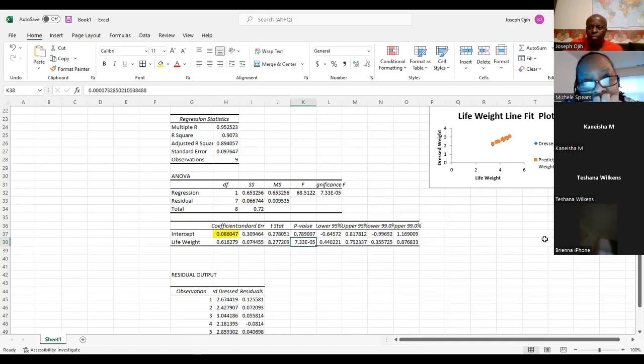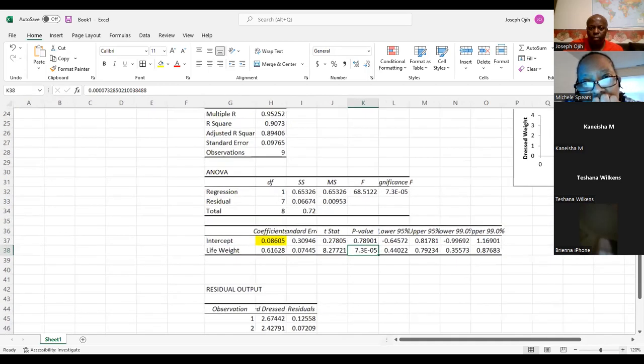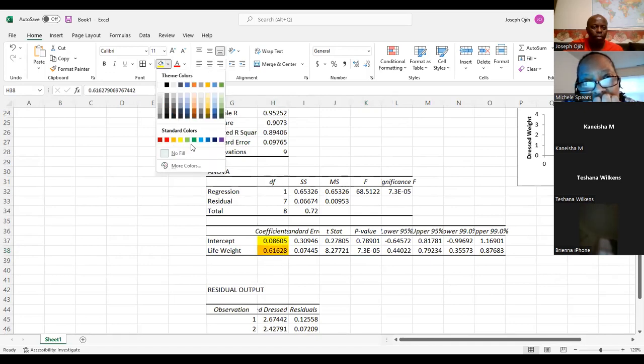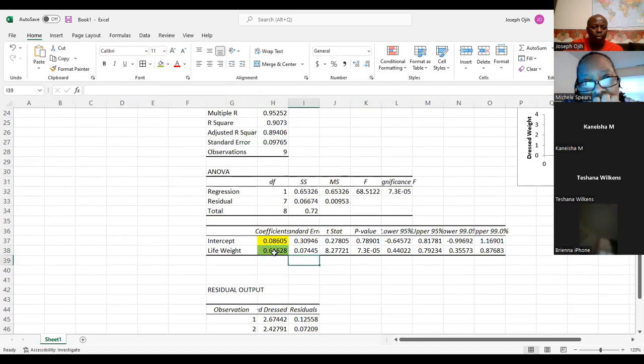Let me make it a little bit bigger. This is b1, you can see live width. I'll make it slight green. See, that's b1. If you want 2 decimal places, let me round it. I think 3 decimal places is good. So b0 is 0.086.